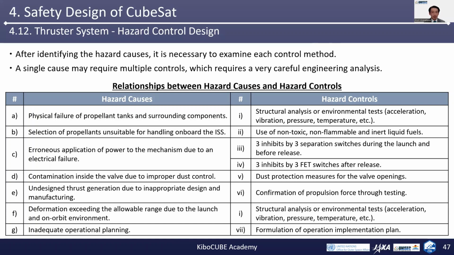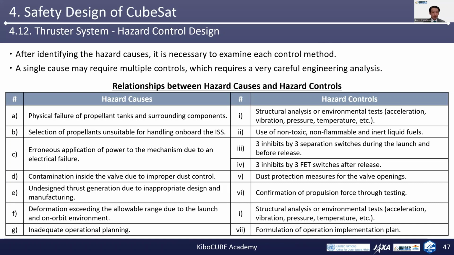A single cause may require multiple controls, which requires a very careful engineering analysis. In this example, hazard controls are listed on the right side, corresponding to the hazard causes listed on the left side. I will explain them one by one.